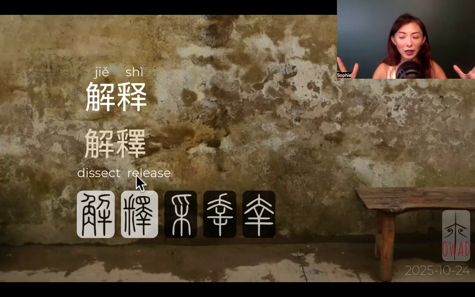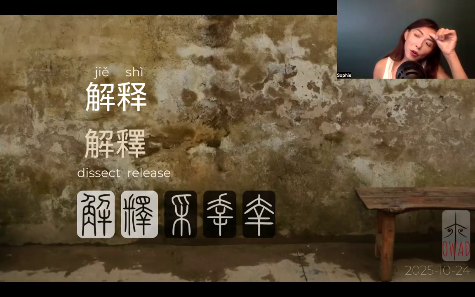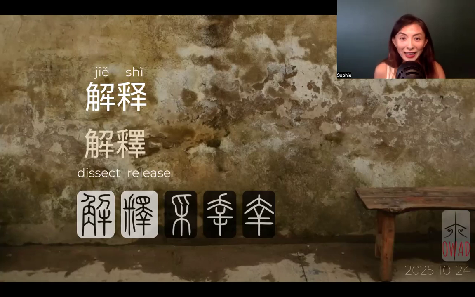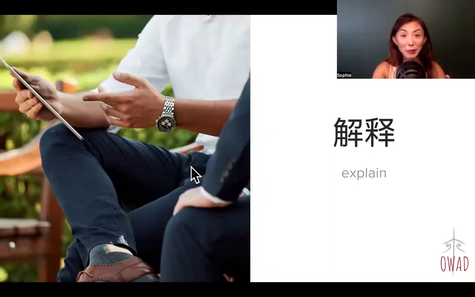You can say, now I get it, I understand it. Even for unexplainable things, once you accept it's unexplainable or uncertain, then you feel a release. Like, don't even fight it. So dissect and release together in Chinese is a Japanese scholar's translation to explain.